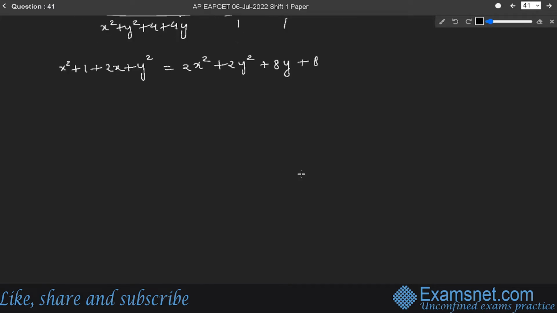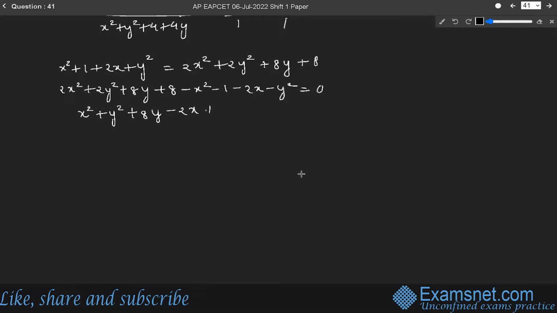On further solving, this becomes 2x square plus 2y square plus 8 minus 8y minus x square minus 1 minus 2x minus y square is equal to 0. So it becomes x square plus y square minus 8y minus 2x plus 7 is equal to 0.